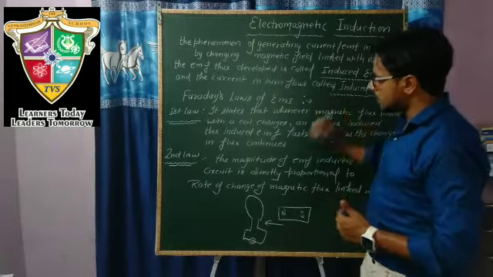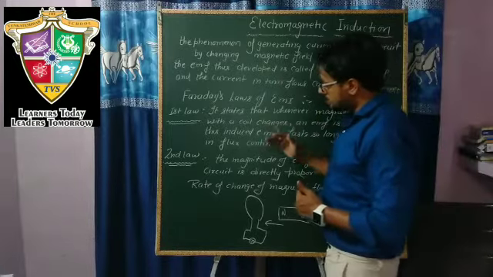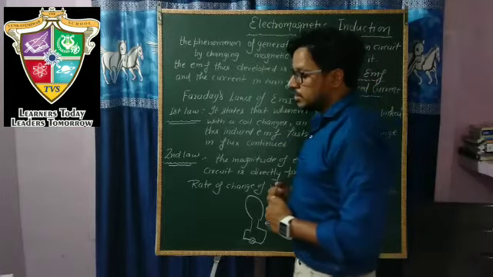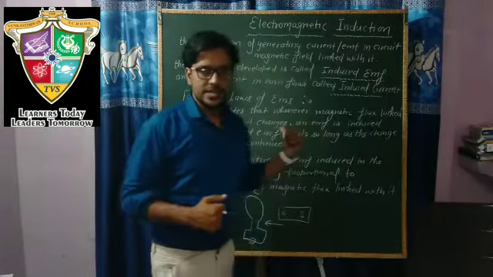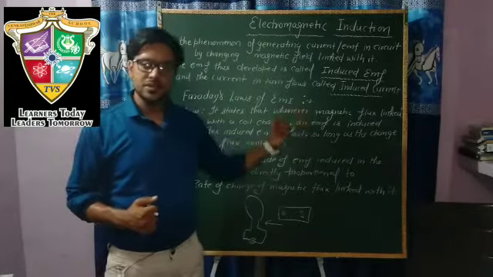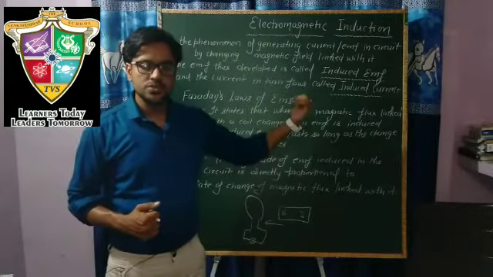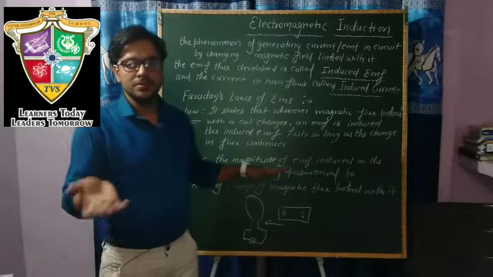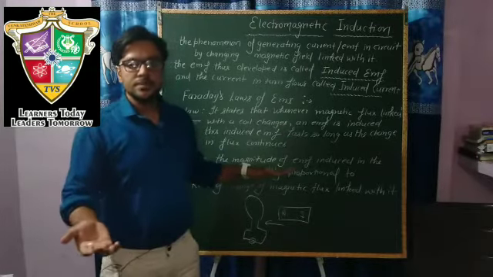The second law is a further explanation of the first law. As we know, the first law tells that whenever magnetic flux linked with a coil changes, EMF is induced. This law states how much EMF will be there due to the change in magnetic flux.